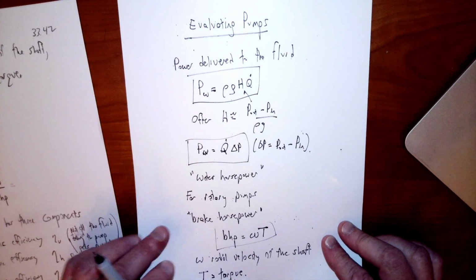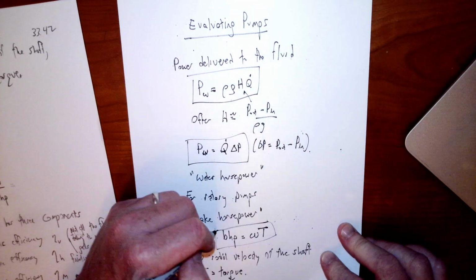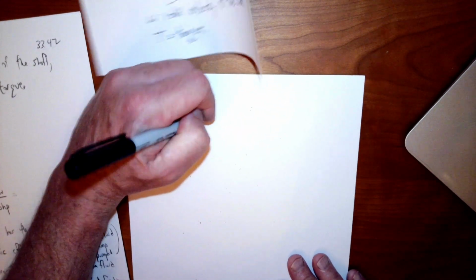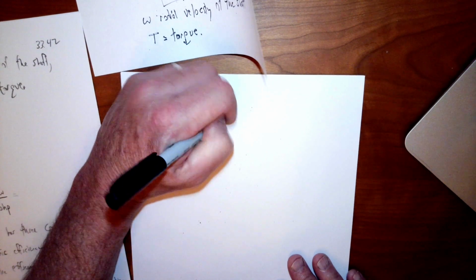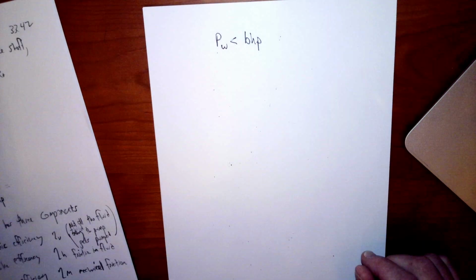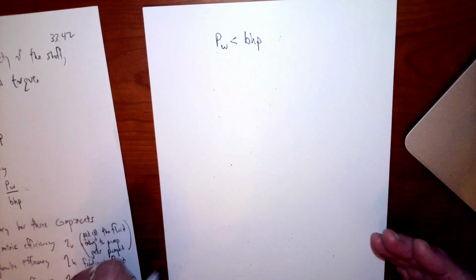In a real pump, your PW is always going to be less than your BHP. So PW will always be less than your brake horsepower because the brake horsepower is the amount of energy being actually put into the shaft, and not all of that energy is going to be translated without any losses into the fluid.